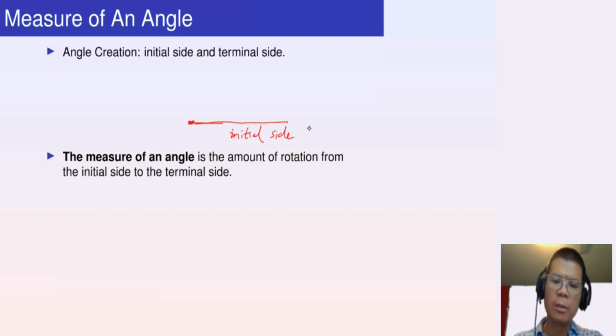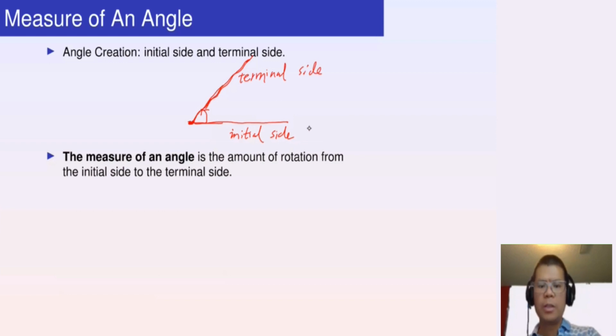We rotate this one somewhere here, and then we get an angle. The resulting or ending side is called the terminal side. So, initial side and terminal side.